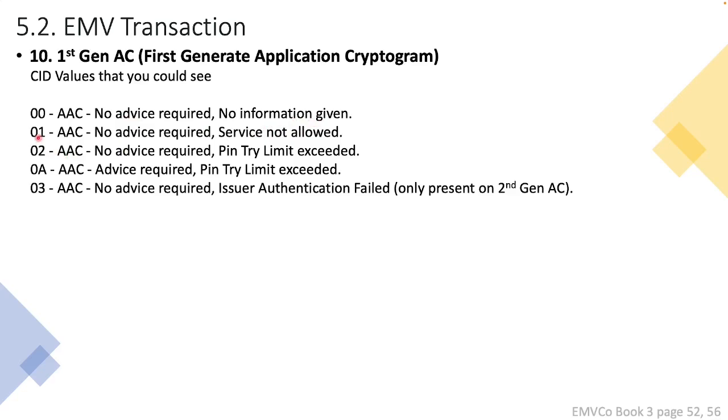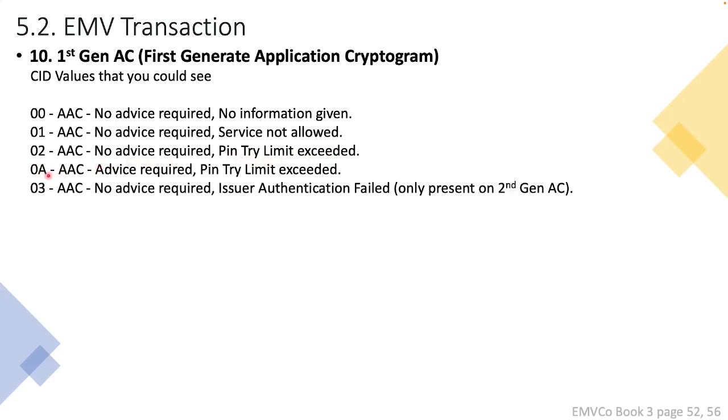If it's a 01, similar, no advice required, but the reason now is that service is not allowed, or rather the condition we found during this transaction was that something about the transaction was not allowed. If it is a 02, once again, no advice required here, but in the transaction, we know that the pin trial limit was exceeded.